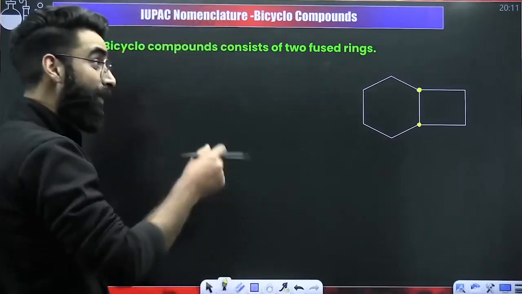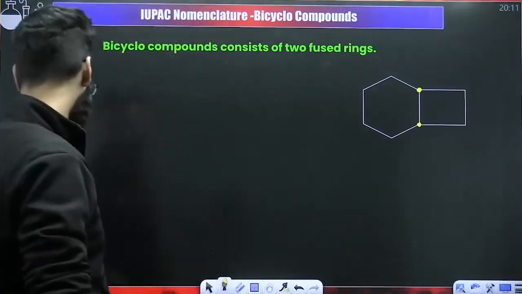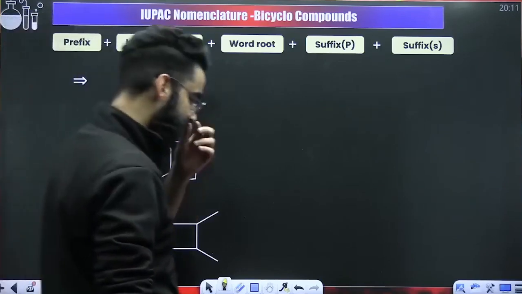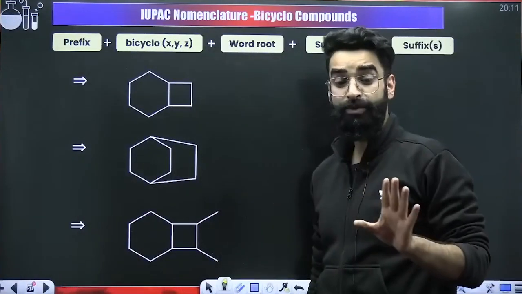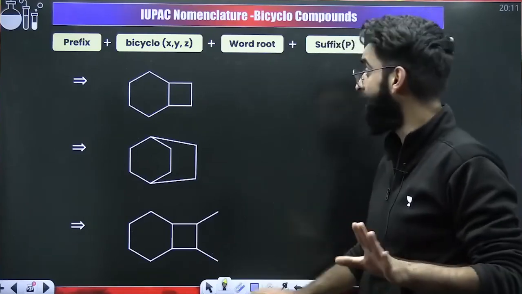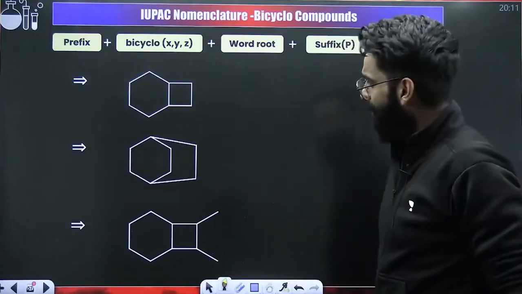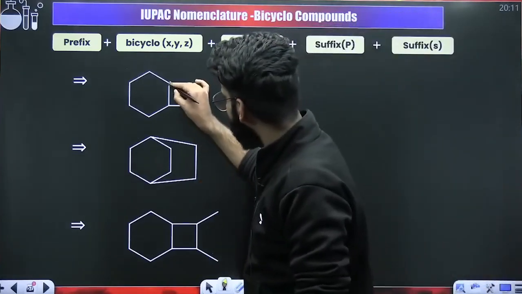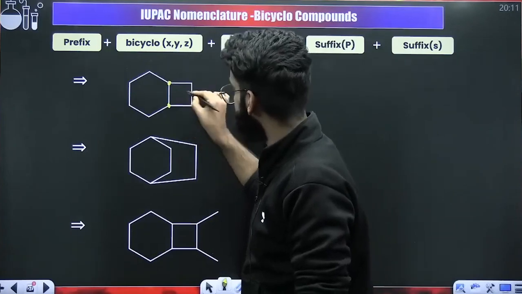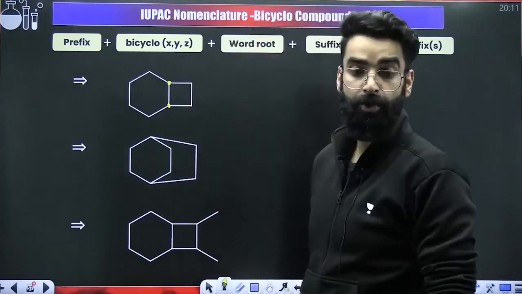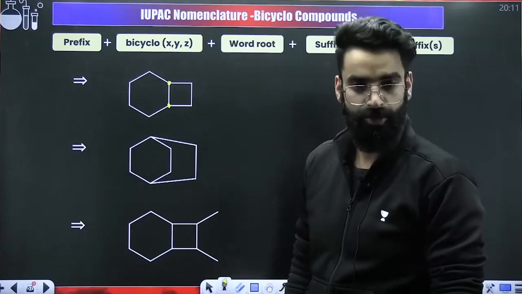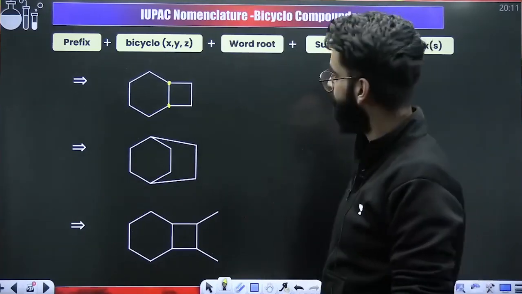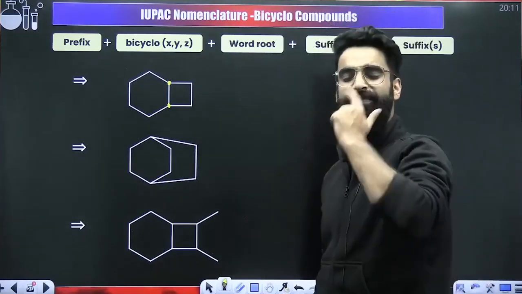Now the point is, how do we name the bicyclo compound? That's important. Try to understand how we exactly name it. First of all, how do we do the numbering? My dear students, this carbon and this carbon, which are common to both the rings, you call the bridged carbons.